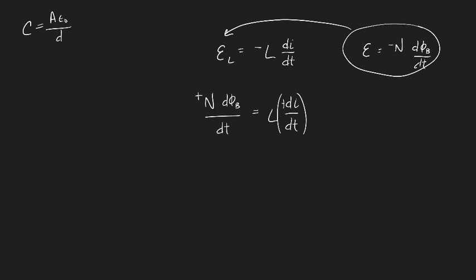Do you notice that both of these are derivatives with respect to time? Both of these derivatives are made with respect to time. If you can take the derivative with respect to time of both sides of an equation, you can remove it from both sides of an equation. So we can write this as N flux equals L current.